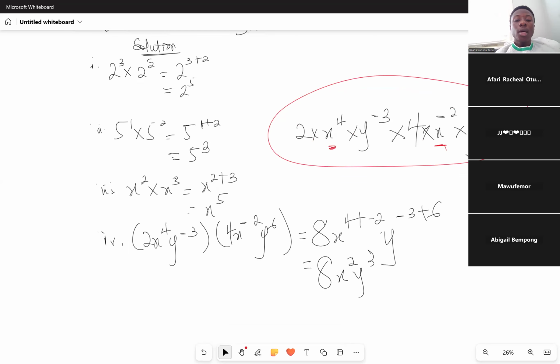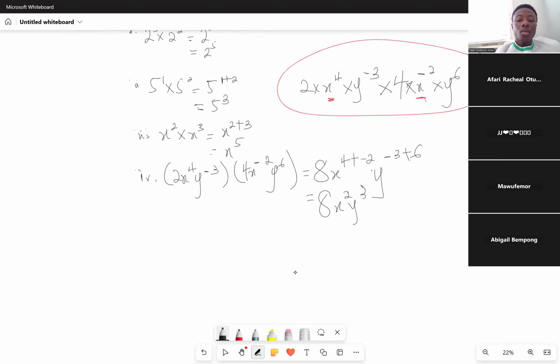Now, let's look at law 2. Please mark with what you just see. I hope you are following.